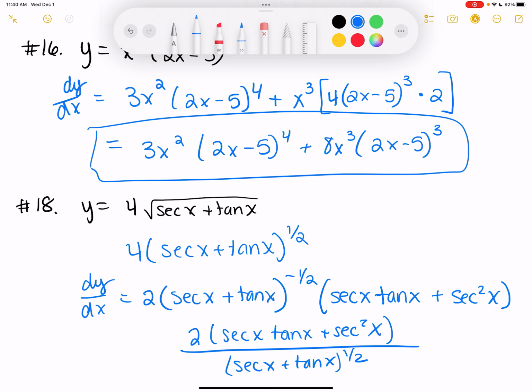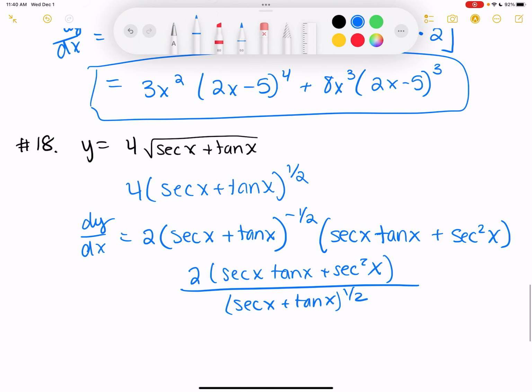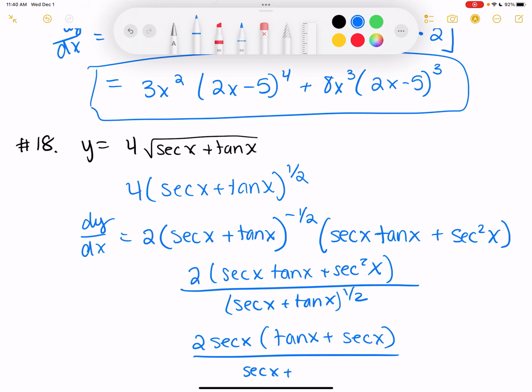And then if you want to, you can pull out a secant of x. I'd be okay with you leaving it there or going all the way. So 2 secant of x times (tangent of x plus secant of x) all over (secant of x plus tangent of x) to the 1/2. Either thing will work there.